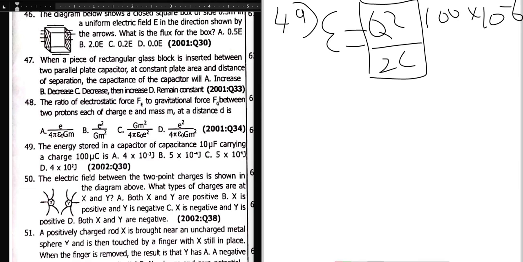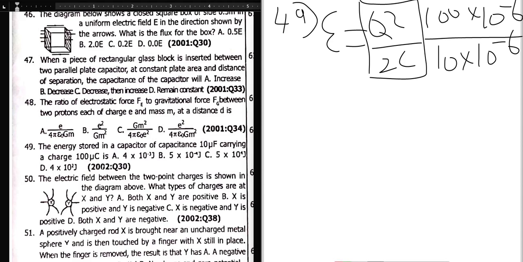That is for charge. For capacitor, you're going to say 10 times 10 minus 6. And this is what you are solving now. You square this one, multiply this one by 2, and you're good to go. Alright? That is it.